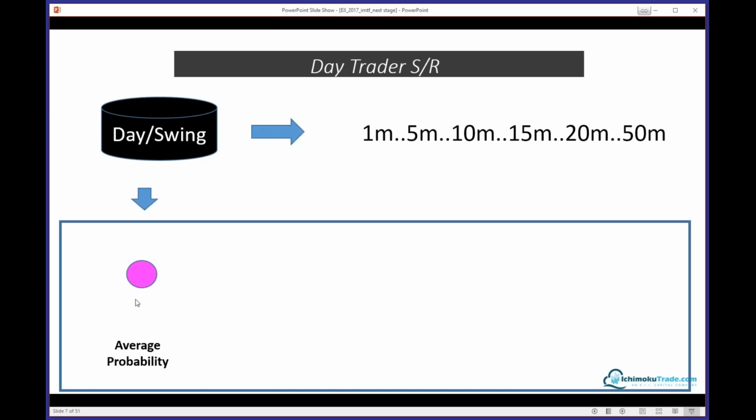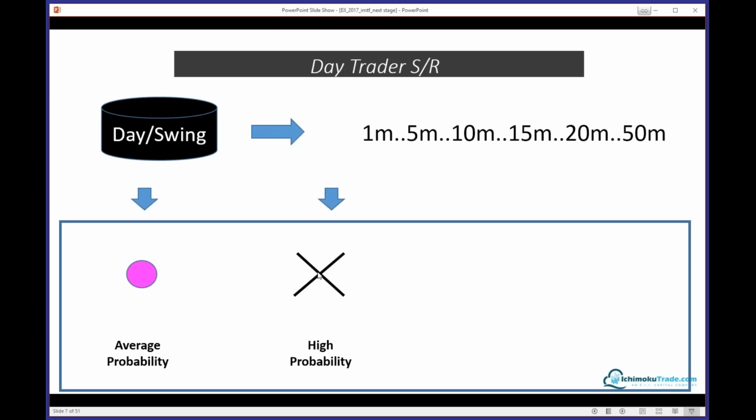probability of holding. If you have a scenario where you have a cross, if you remember, it means that the swing traders and long-term traders have the same support resistance level. If you have that on a day trading time frame, that's a higher probability compared to a dot, and the reason is this is a higher time frame.